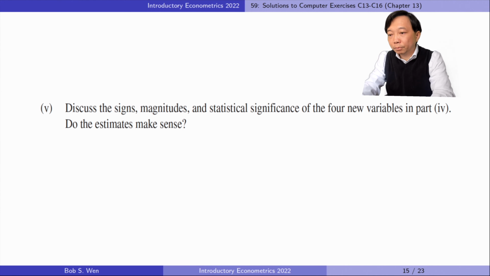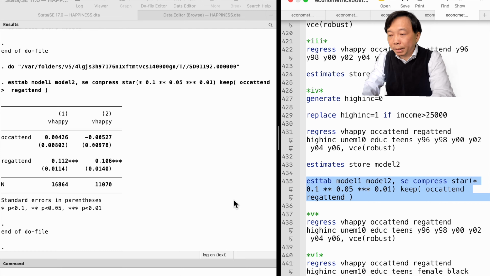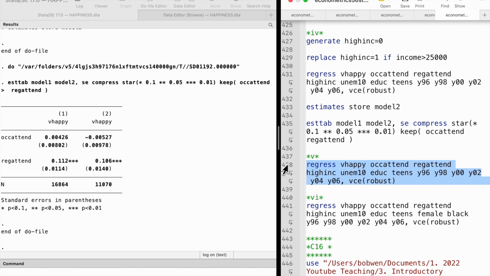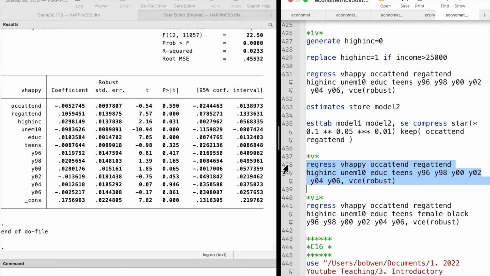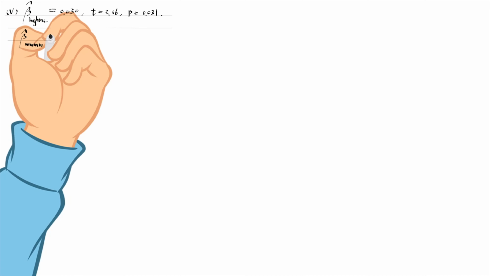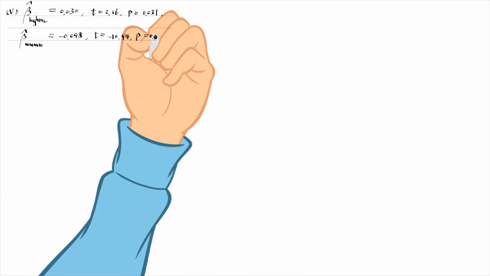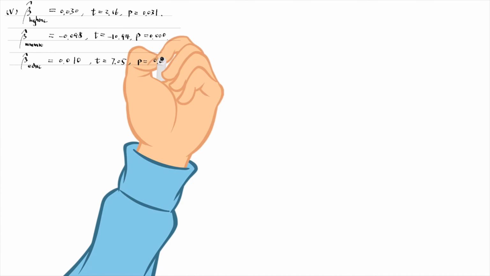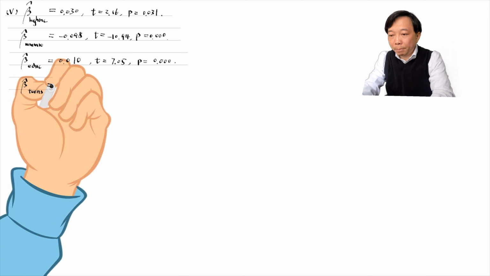In part 5, we will discuss the size, magnitudes, and statistical significance of the 4 new variables in part 4. Do the estimates make sense? They all make sense.